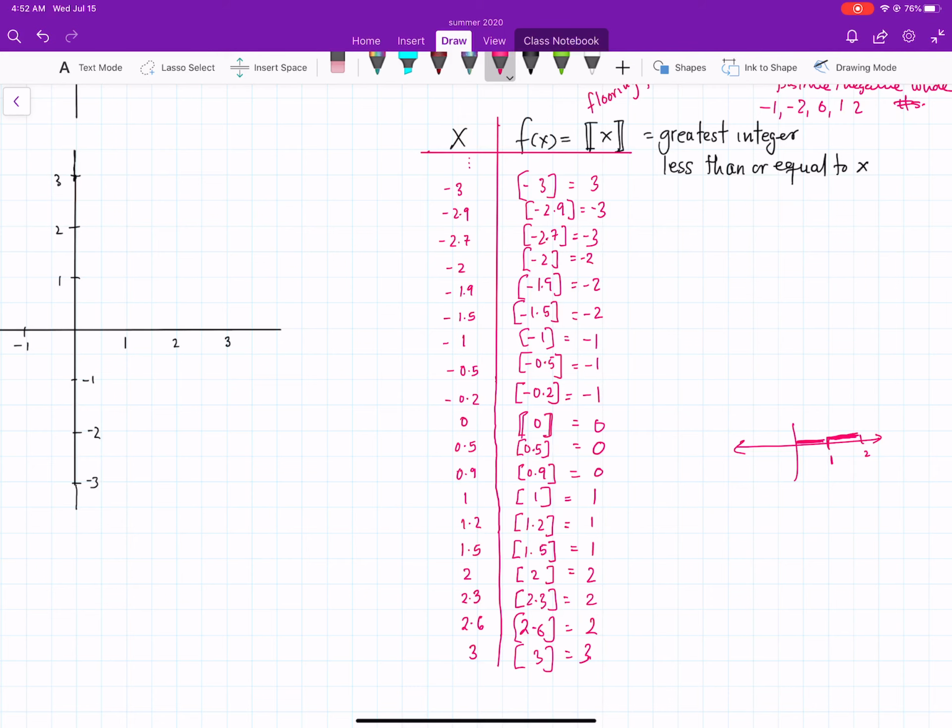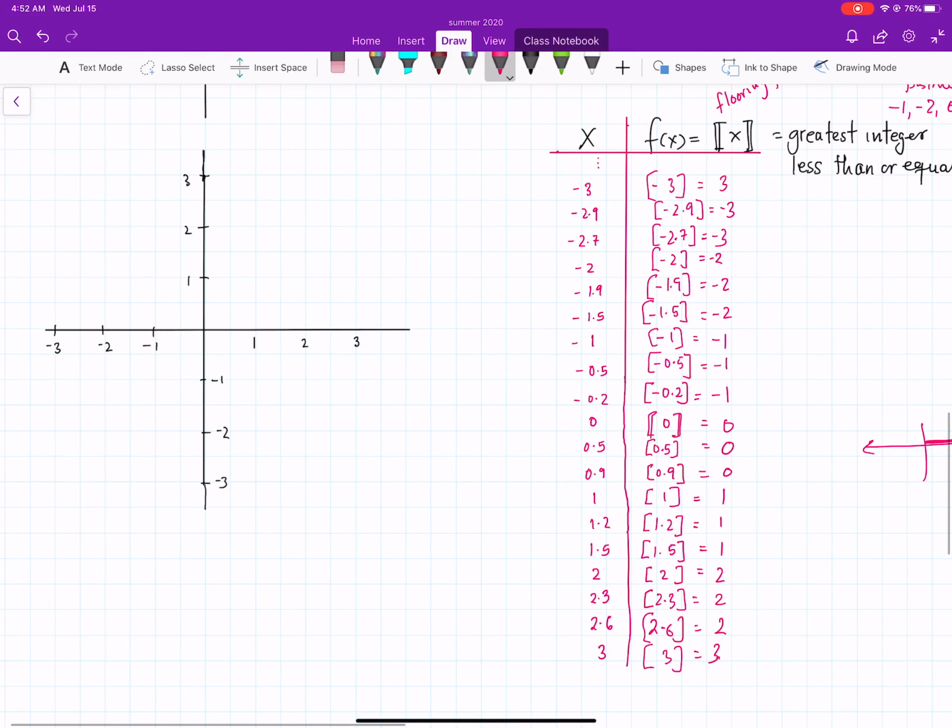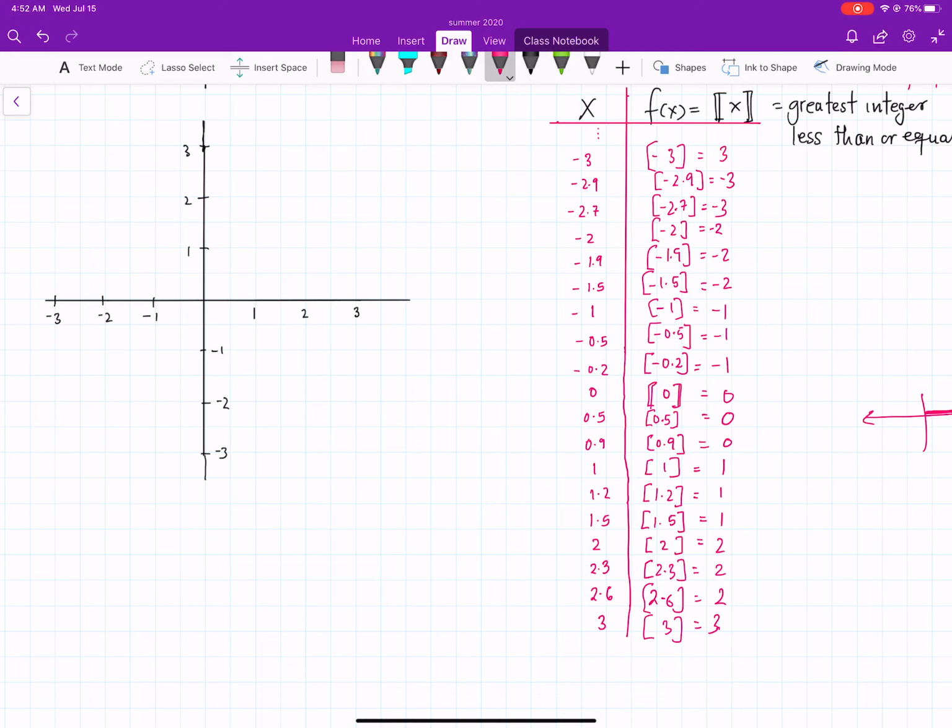Okay, so let's try and plot this together. It's a whole lot of points, but let's see what's happened. Let's do the positive side. So the positive starts right over here. And then as I go through all the positive points, it looks like 0.5 is still here and 0.9 is right there.